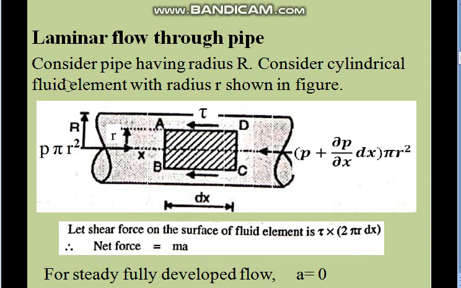So the pressure on the right hand side becomes P plus del P by del x into dx. Now pressure into the area pi r square gives the pressure force on the left hand side. Similarly, pressure into the area on the right hand side, we can find the pressure force.